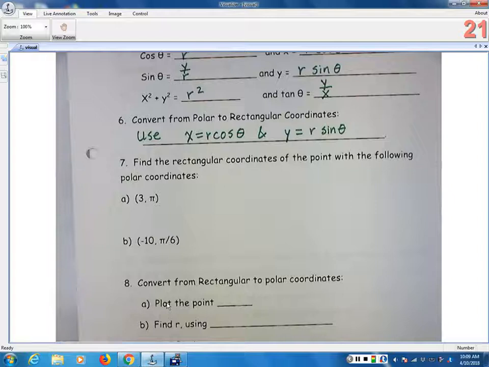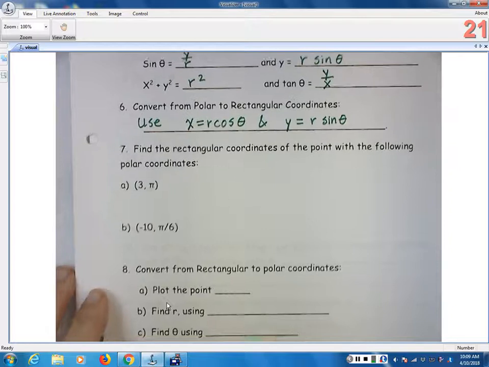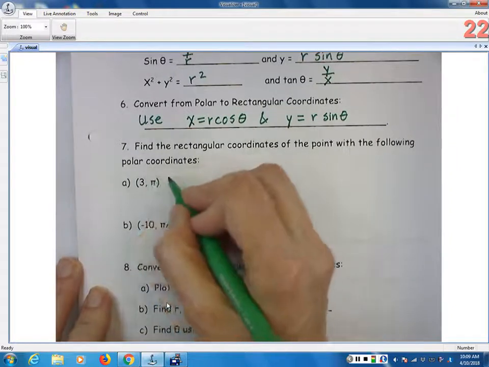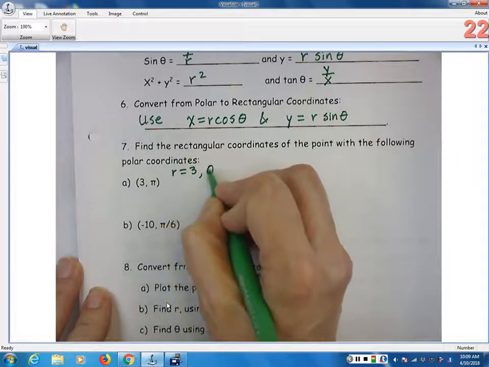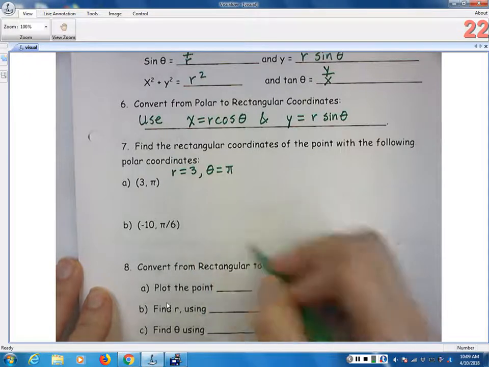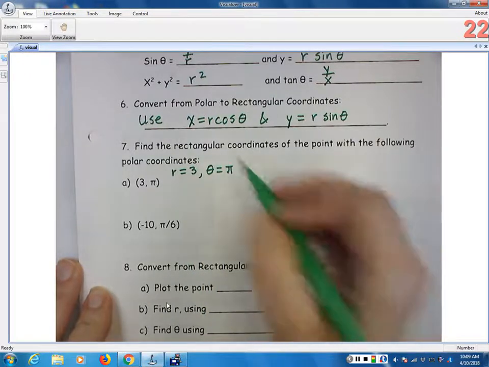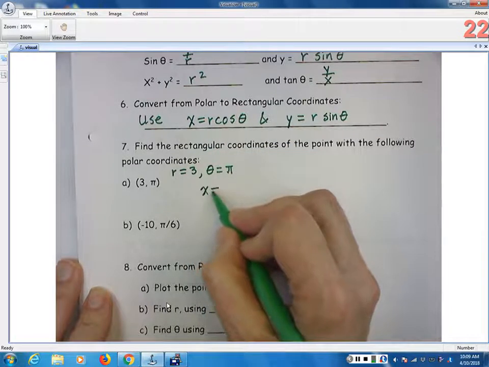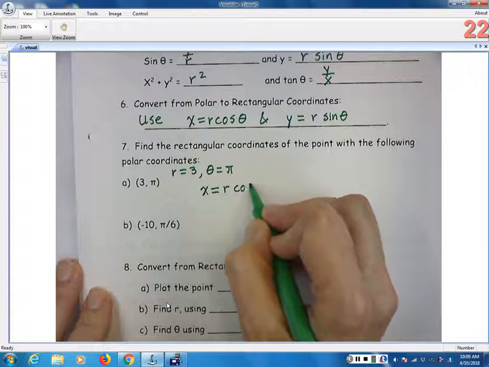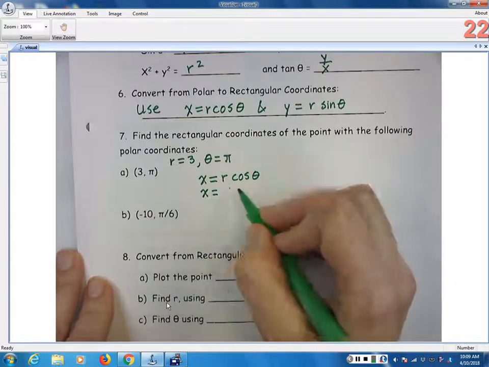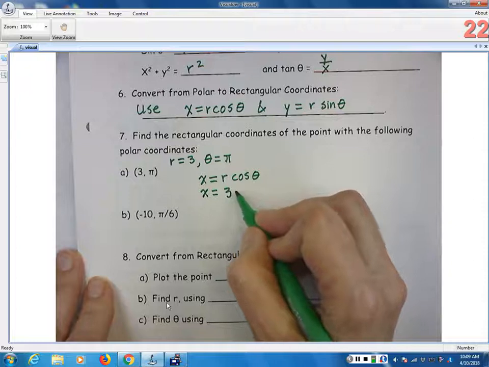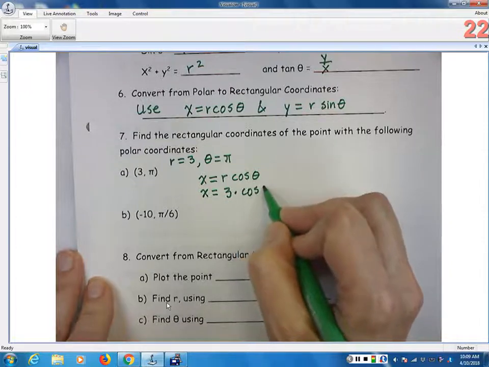So, to find the rectangular coordinates of the point with the following polar coordinates: r equals 3 and theta equals pi. We're going to find x, which is r cosine theta. x is going to be 3 times cosine of pi.